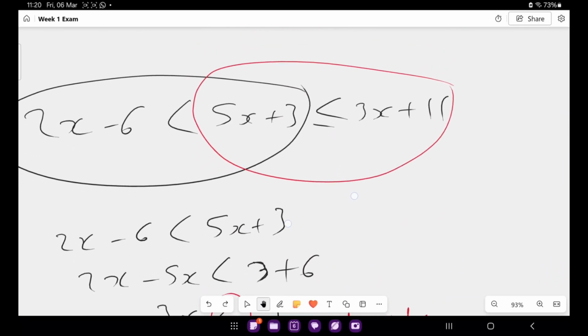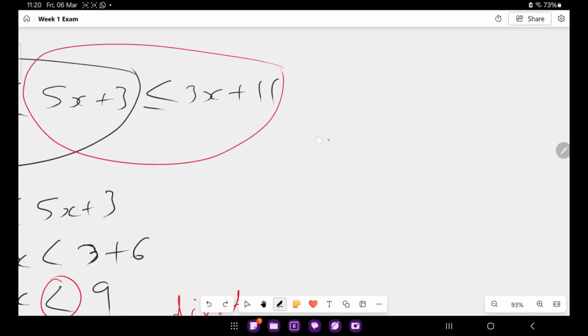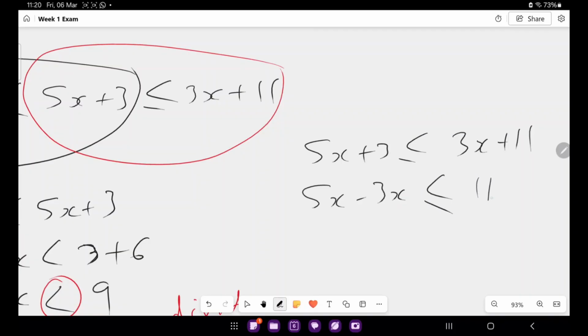Now let's deal with the red bubble. We're going to take 5x plus 3, which is less than or equal to 3x plus 11. Then we say 5x minus 3x is less than or equal to 11 minus 3.